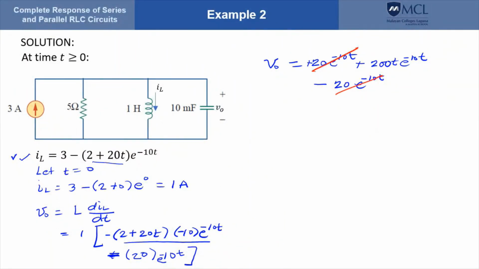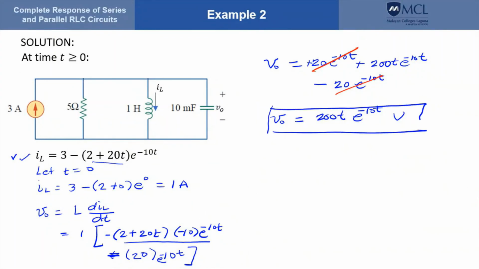Therefore, we'll have V naught equals 200 t e to the minus 10 t volts. So this is the final answer for V naught, and we can check it at t equals 0. We have V naught equals 0.